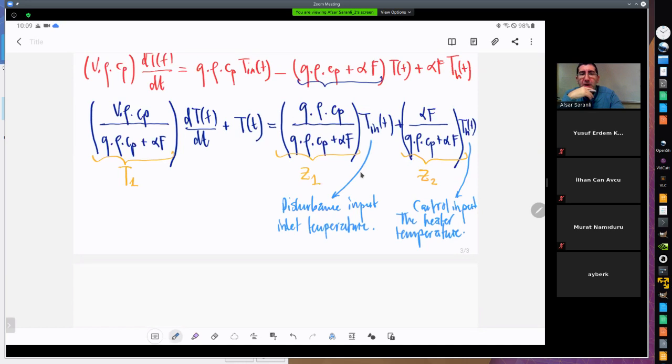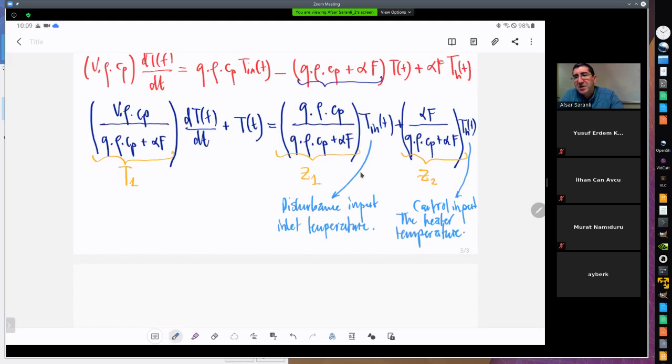Yes. So is it a time invariant or time varying system? Time invariant. Time varying systems would have those coefficients, T1, Z1, Z2, become a function of time themselves.